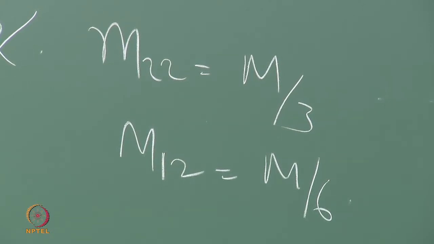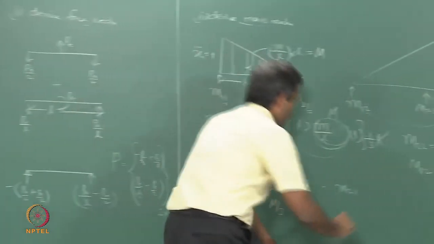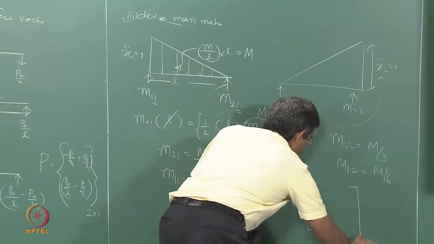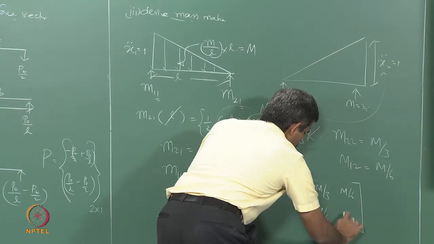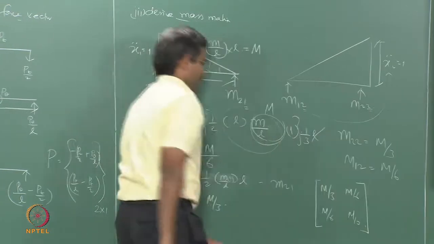So, my mass matrix will be m by 3, m by 6, m by 6, m by 3.